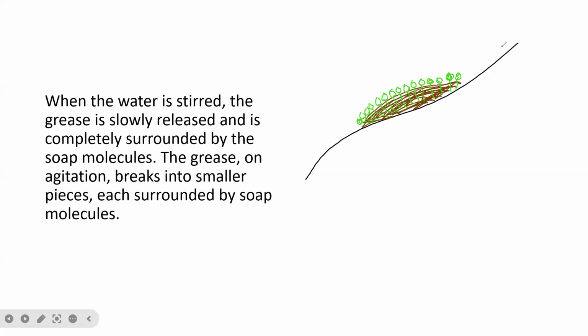So here we have these heads, but there is something about the soap molecule that I want us to remember: the soap molecule is like this, and the head is COONa. The Na is plus and this is minus.